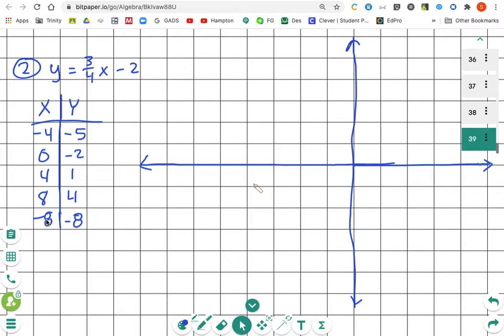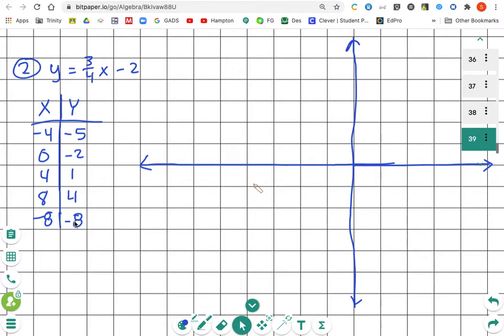The other pattern that I want you to see here is that when you have an equation that's a function and it has a denominator of 4, we want all the numbers that we choose for x to be multiples of 4. That will make it easier so that we don't have to graph fractions. We can graph fractions, but in this case, we don't have to because we're choosing our x's. So when we put 3/4 times -8 minus 2, we're going to get -8.